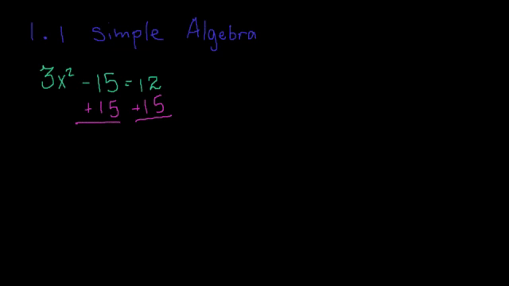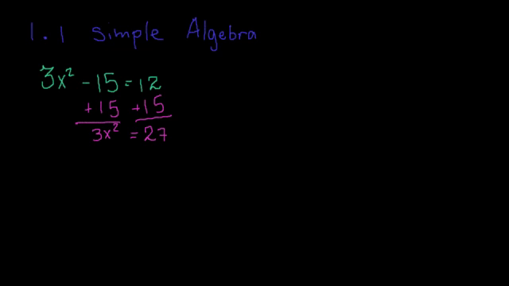Now, since we're trying to solve for x, which is what most teachers assume, we want to get rid of everything except for x on that side, and then solve for x. So minus 15 and plus 15 cancel, and 12 plus 15 is equal to 27, and this side is still 3x squared.